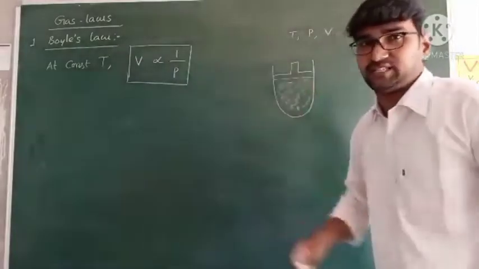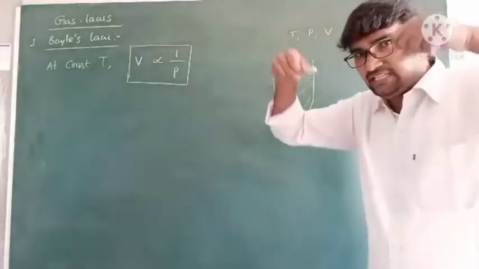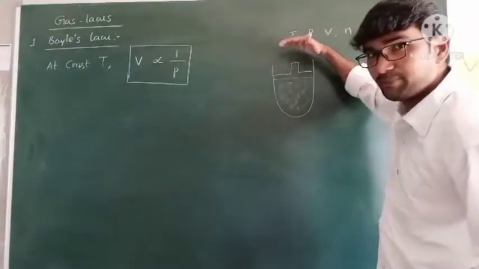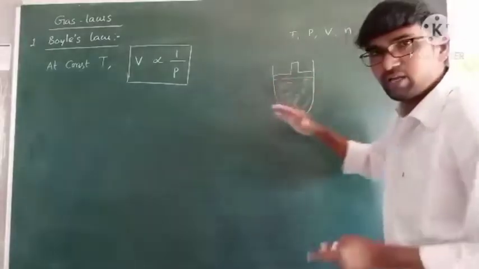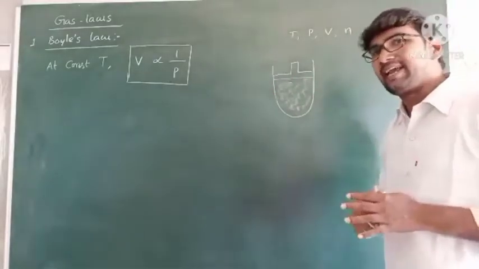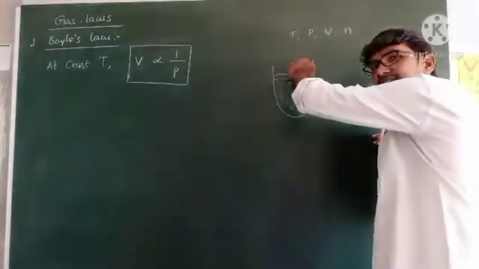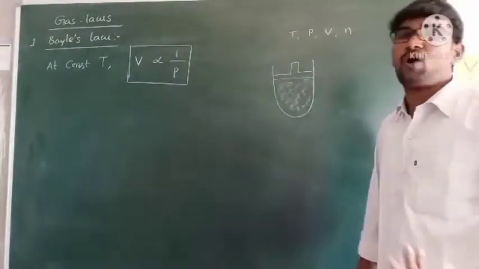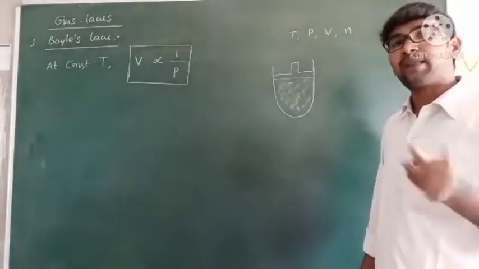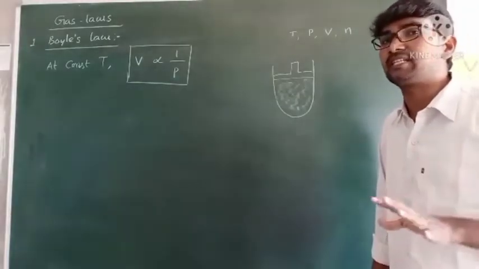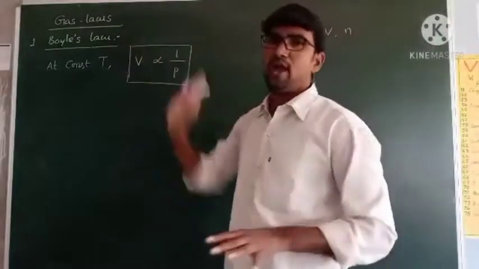If we take this surface as a piston and apply some pressure on the piston, the gas molecules come very close. It indicates that if pressure increases, volume decreases. This means pressure and volume are inversely proportional to each other. That is Boyle's law.